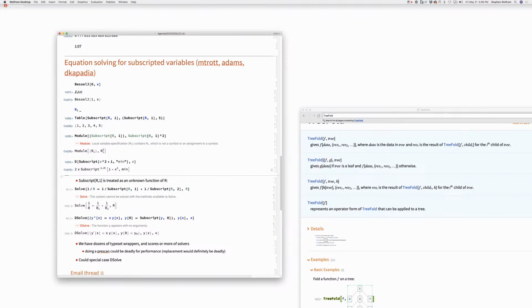Subscript is no different than f. All right. So the thing I'm imagining is there are two levels of this. This blanks thing is a different issue. Perhaps so is the module thing.